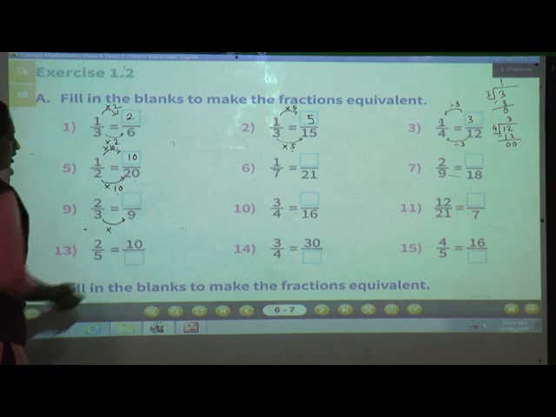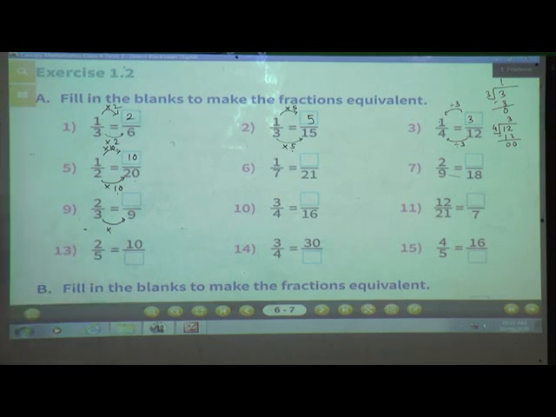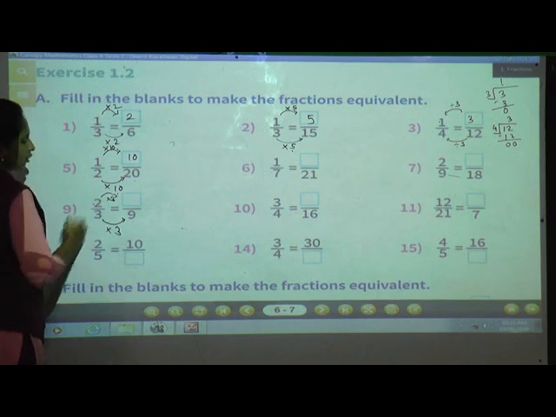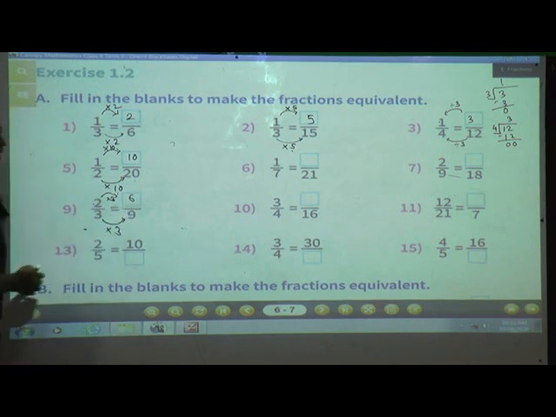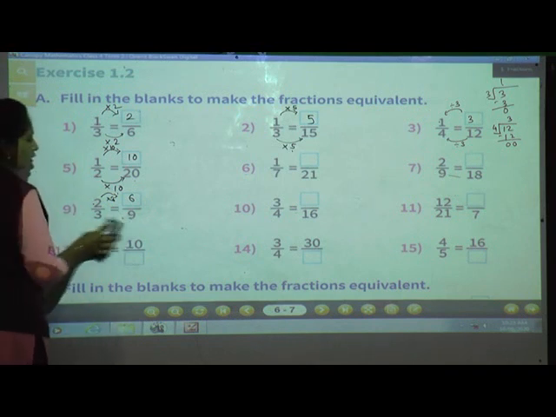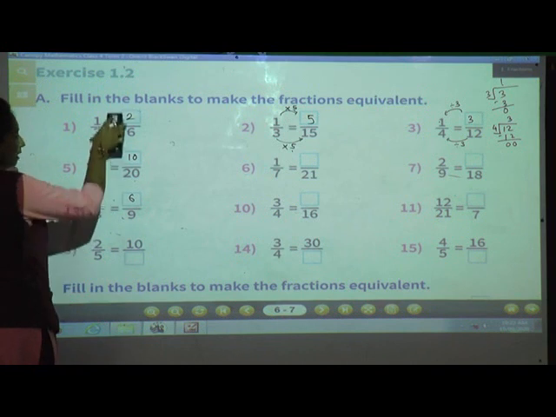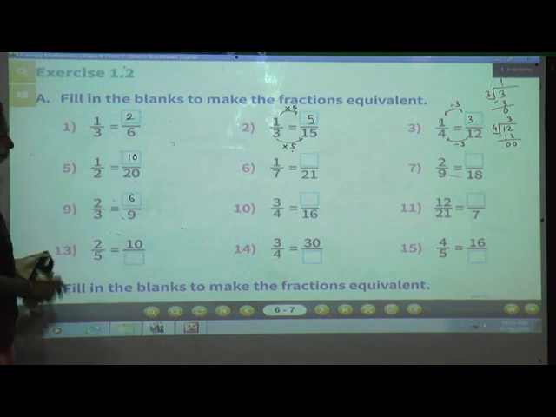Which number can we multiply with 3 to get 9? Yes, 3 3s are 9, isn't it? So here also the same, 2 3s are 6. Are you getting it? So why am I drawing these arrows and all? For your better understanding. You can do it with pencil also, no issue.